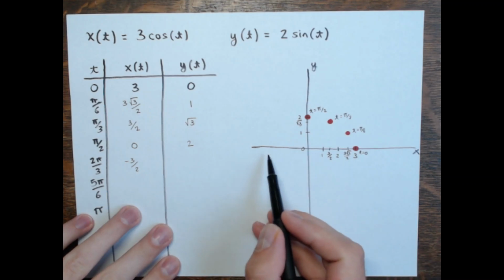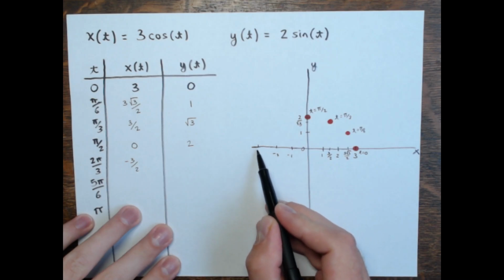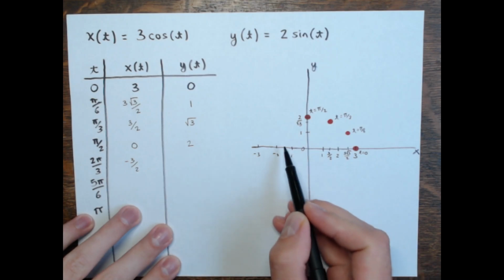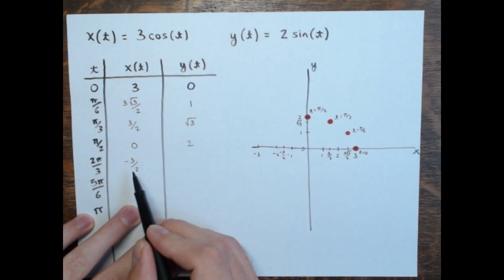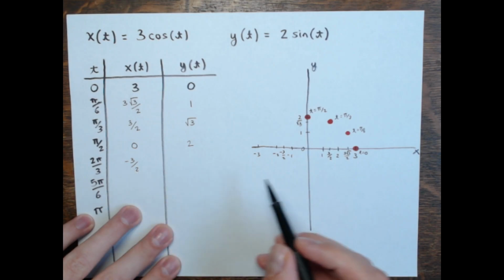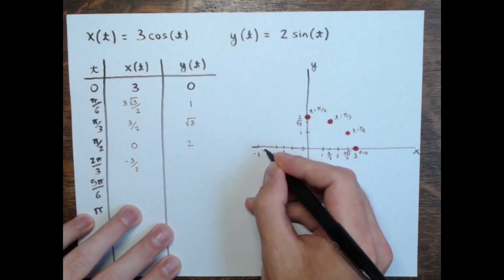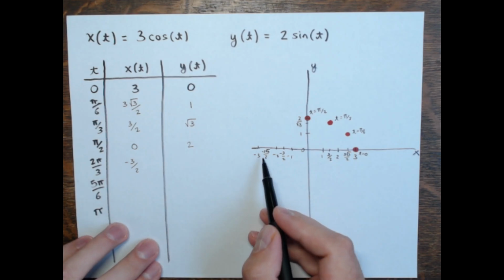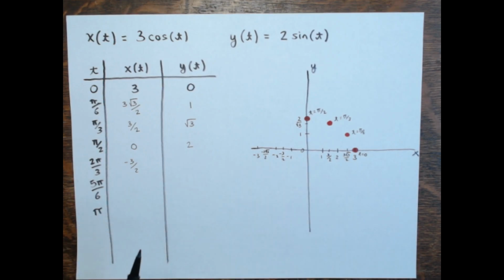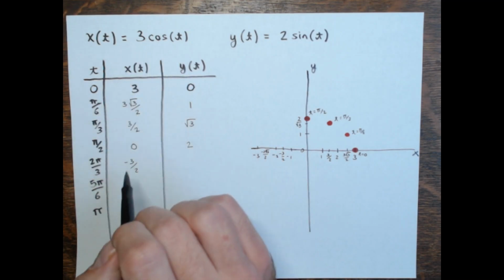So let me kind of mirror this over here. So we got negative 1, negative 2, negative 3. Negative 3 halves is negative 1.5. So negative 3 halves for the x-coordinate. And I'm more than likely going to see a negative 3 root 3 over 2, which is between negative 2.5 and negative 3 over here. I'll probably see that as well. Sorry, these are tiny. So cosine of 2 pi over 3 is negative half times 3 is negative 3 halves.